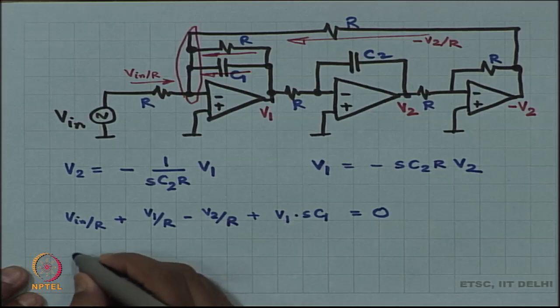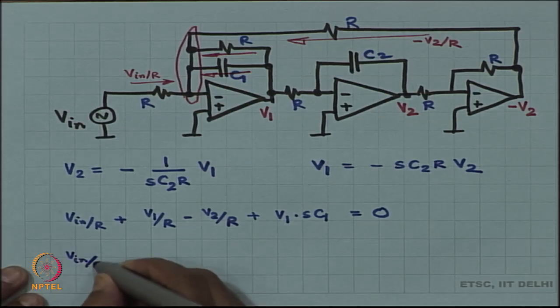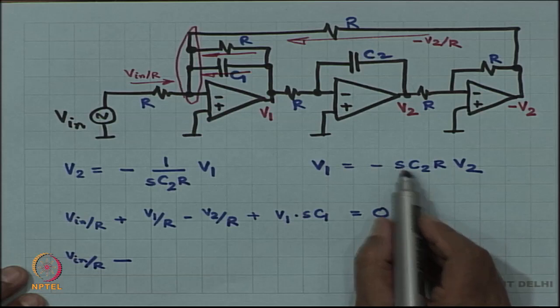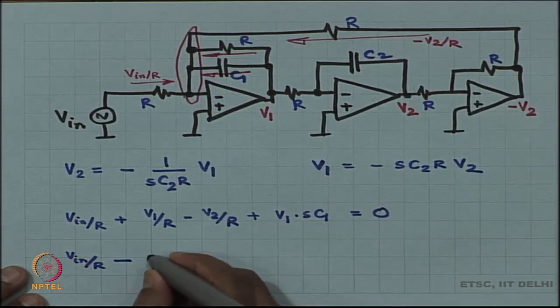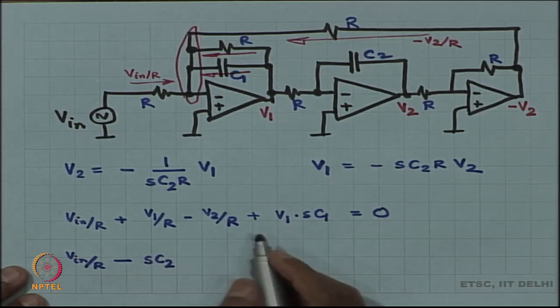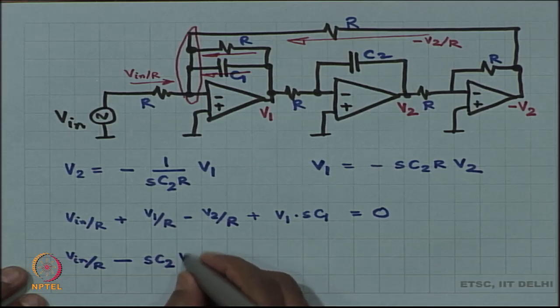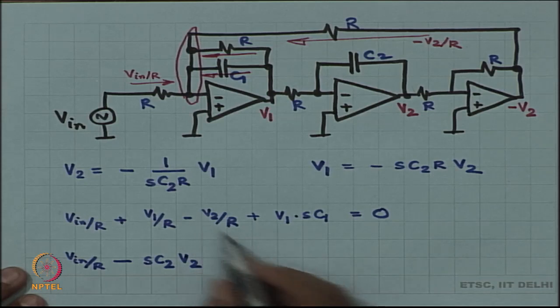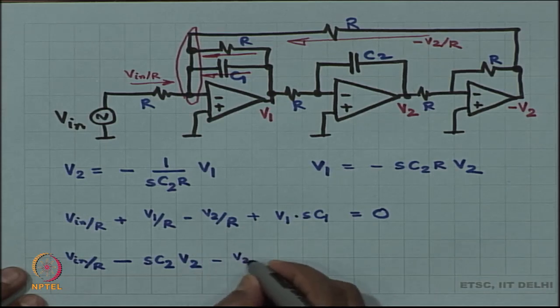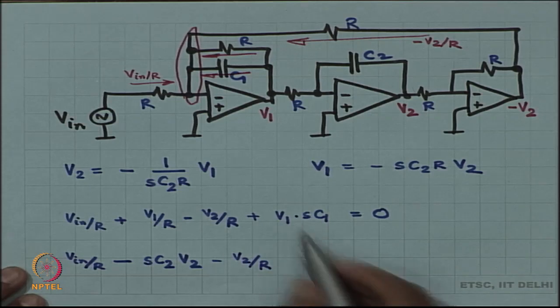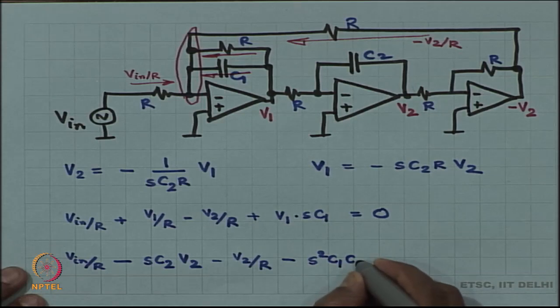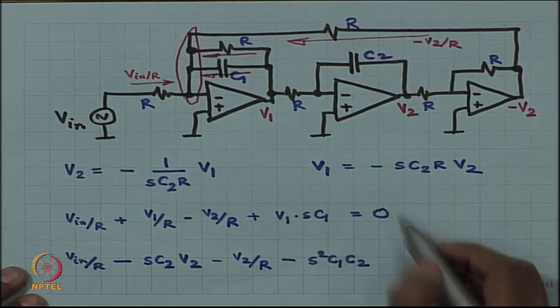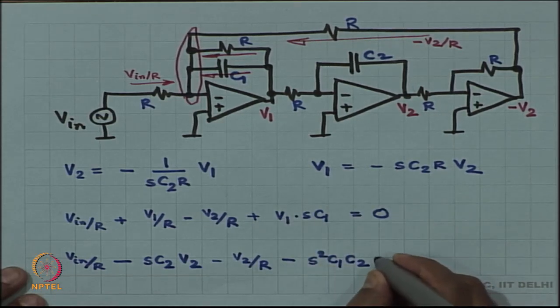So, I have V in by R minus S C2 R cancels out, V2 minus V2 by R minus S squared C1 C2 R V2.